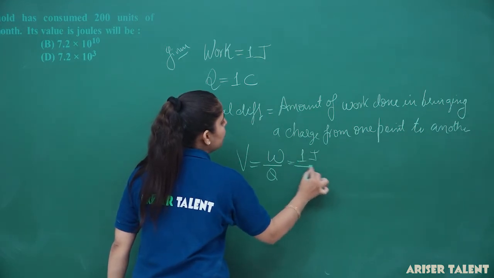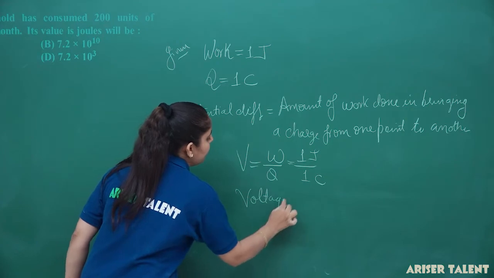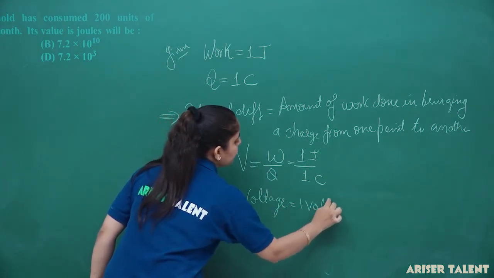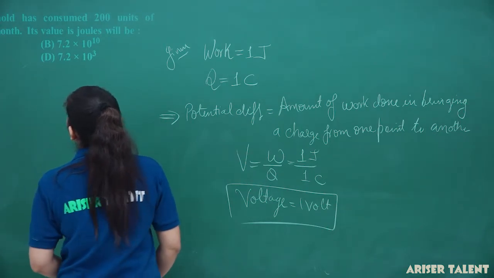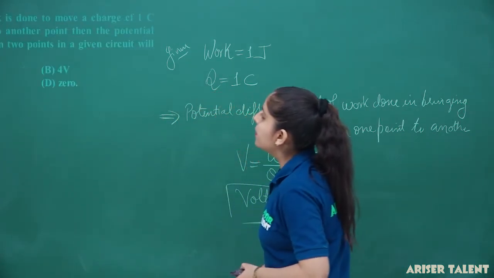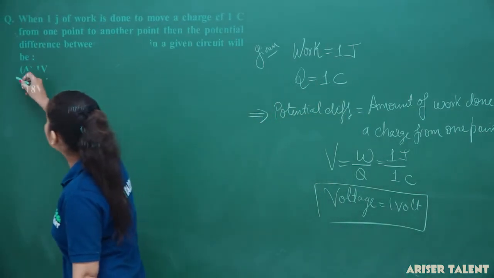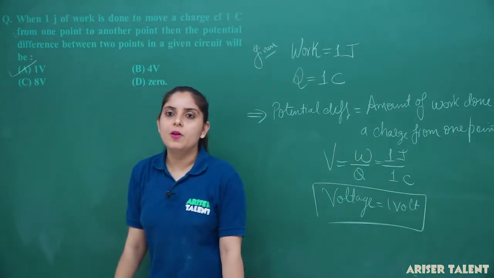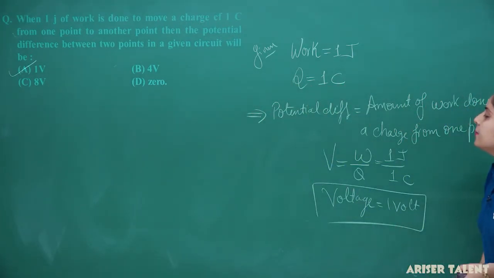Work is 1 joule, charge is 1 coulomb. So we can say that the voltage difference will be 1 volt. So which is the correct option here? The options are 1 volt, 4 volt, 8 volt and 0. So we can find out that the correct option is 1 volt. Now, let's move to the next question in this sequence we have.